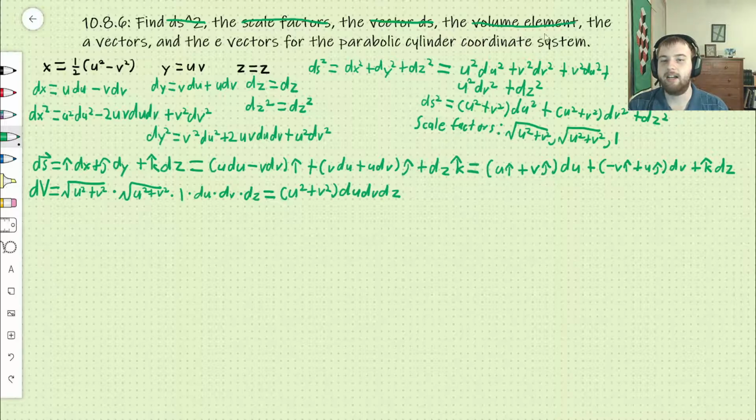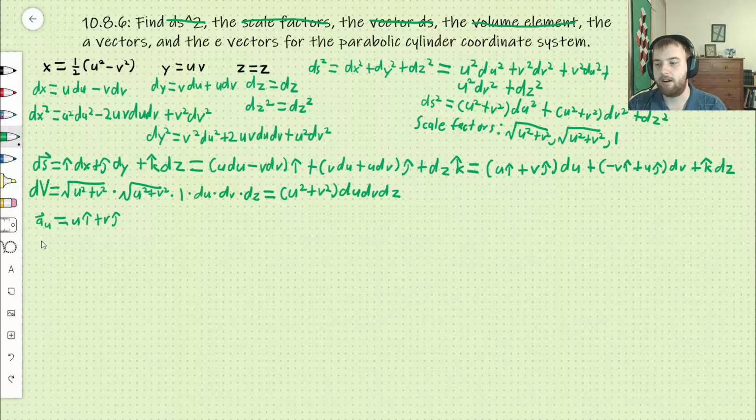Nice. Now we need to find the A vectors, the basis vectors. You can actually just read them off from the ds formula. So that's what we'll do. Our A_u is just what is in front of our du there. So it's u i plus v j.